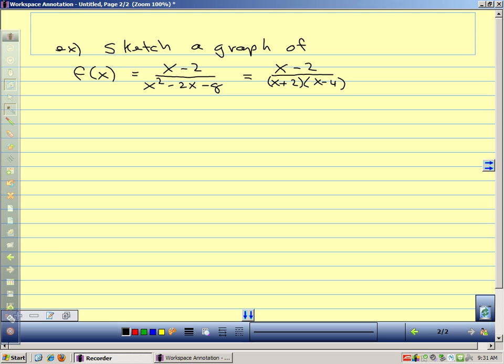So let's look at our intercepts first. We're going to find our x-intercept. Our x-intercepts are where the function equals 0, or where our denominator is 0.